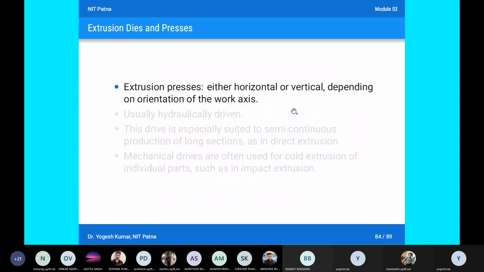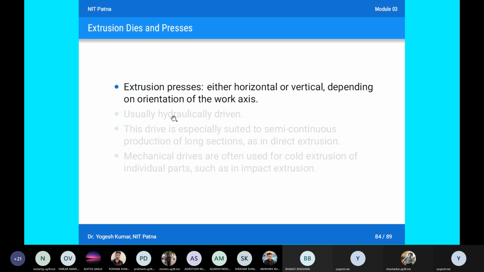Now we will come to the extrusion presses. These extrusion presses are the machines that are used to drive your ram, or to transmit power to your ram. These may be horizontal or vertical, depending upon the orientation of your work axis, and they are generally operated by hydraulic power.